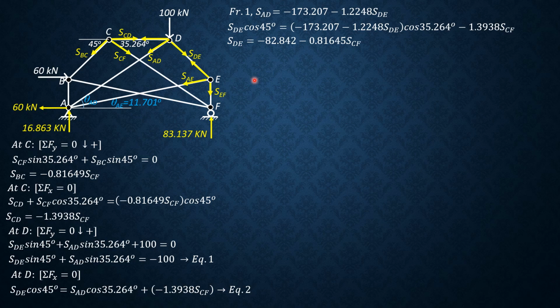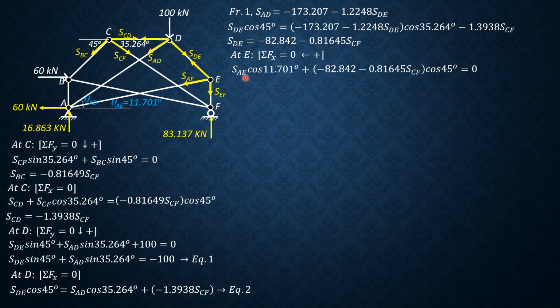So these are the forces involved. First, summation forces X to express SAE in terms of SCF. Leftward positive. So SAE cosine of 11.701 plus SDE, which is quantity negative 82.842 minus 0.81645 SCF cosine of 45 equals 0.